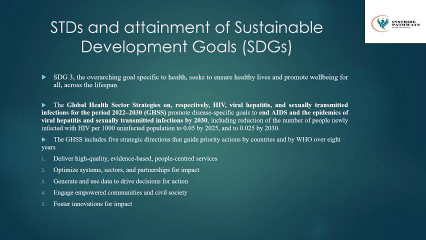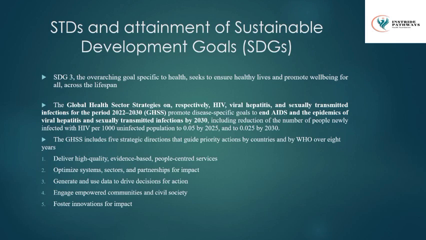Two, to optimize the system, sectors, and partnership for impact. Those who are in partnership in the health sector should be made to have an impact. All the sectors collaborate for more healthy services.